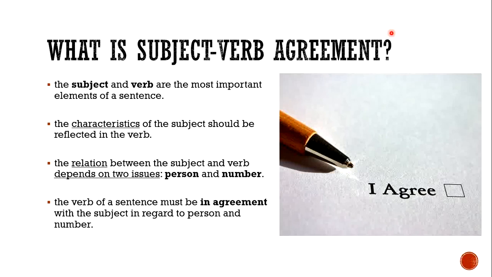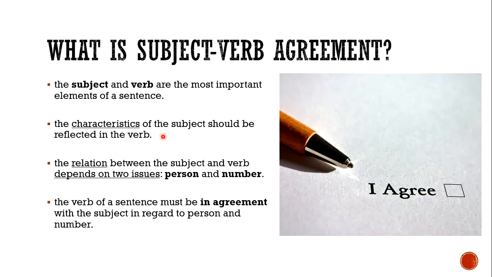Here, the subjects and the verbs follow a set of rules which we discuss under the heading of subject-verb agreement. The subject and the verb are the most important elements of a sentence. The characteristics of the subject should be reflected in the verb. That means, whatever the subject, the verb should reflect the characteristics.